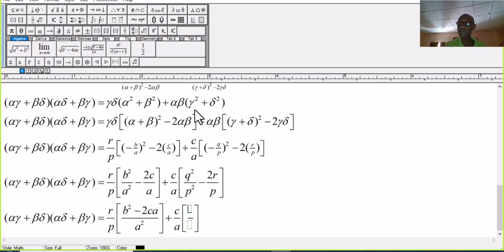So in this place we have q squared minus 2pr all over p squared.